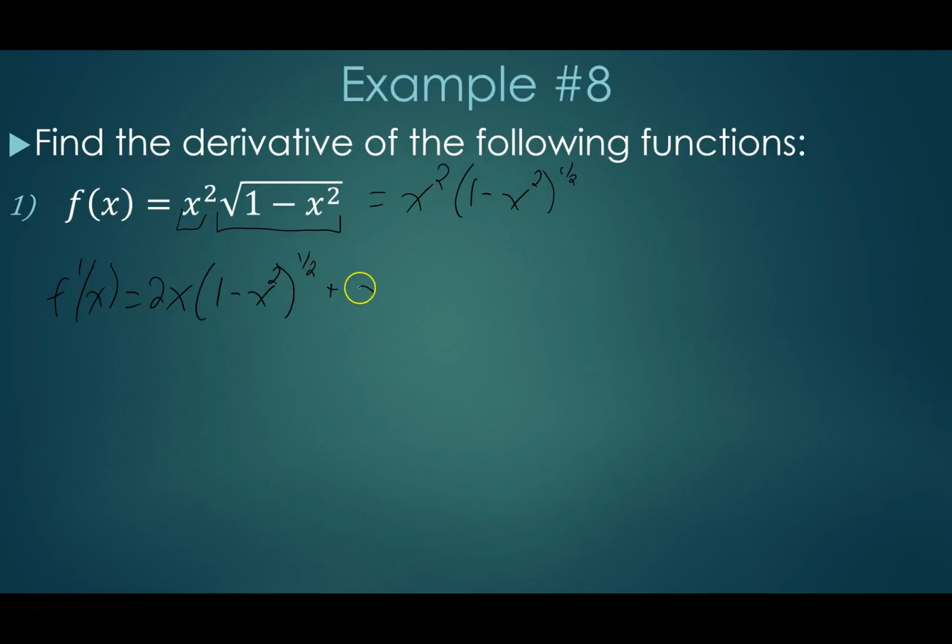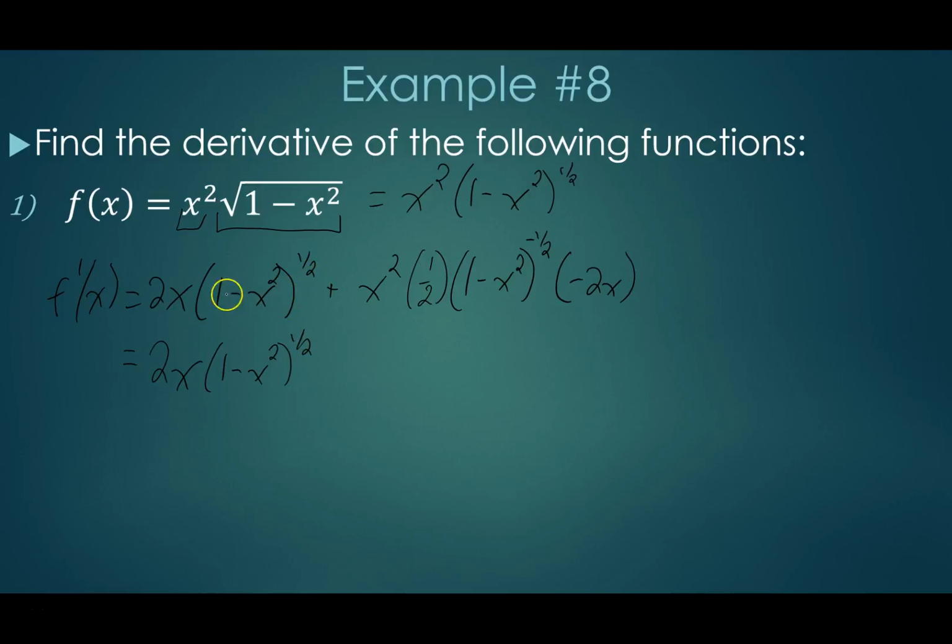And then plus the first times the derivative of the second. Now this is a chain rule, so the exponent goes in front, 1/2. 1 minus x squared, I decrease the exponent by 1, so it's negative 1/2. And then times the derivative of the inside, which is negative 2x. There's nothing really going on with this first part, just simply 2x times 1 minus x squared to the 1/2 power.